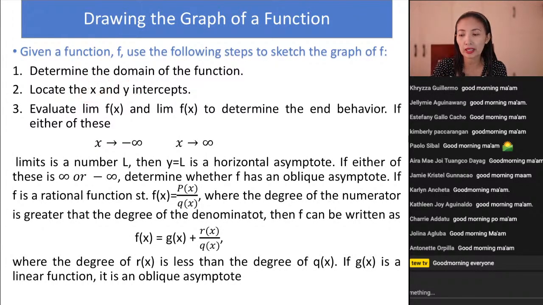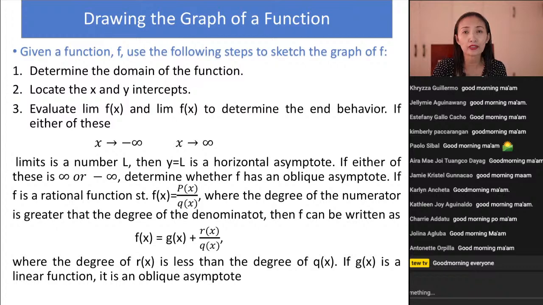Then number 3, to identify the asymptotes, particularly the horizontal asymptote, we evaluate the limit of the function at infinity. So remember your limit theorems at infinity, or as x approaches positive and negative infinity. So we look into the limit of the function as x approaches infinity.